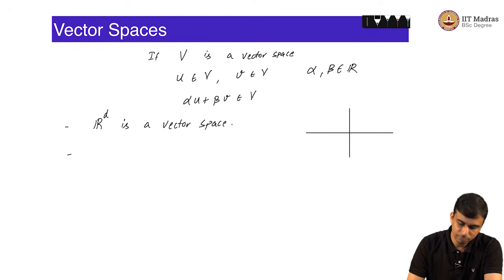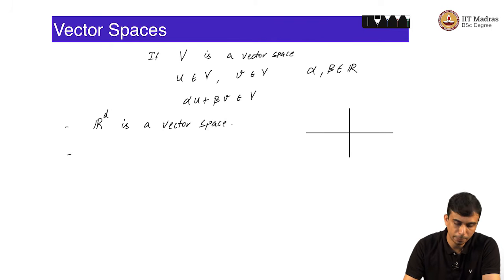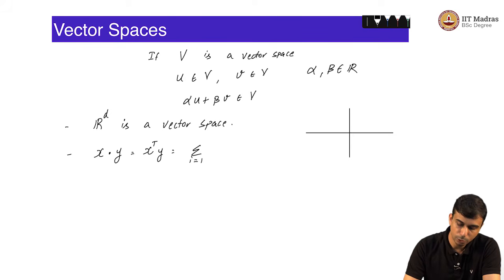Sometimes a vector space is also associated with what is called a dot product or an inner product. For example, let us say x and y belong to the vector space V, then x dot y is equal to x transpose y, which is simply the sum over i equal to 1 to d of x_i y_i.